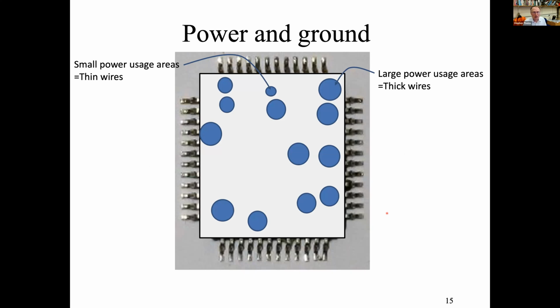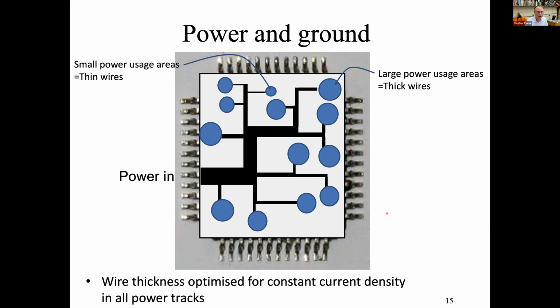You're going to have some areas where you don't need a lot of power, and some areas on the circuit which are going to need more power. It's just the way things are. Some areas will be infrequently used, for instance, whereas other parts of the circuit will be used all the time. And therefore, some places need thicker wires, some you can do with thinner wires.